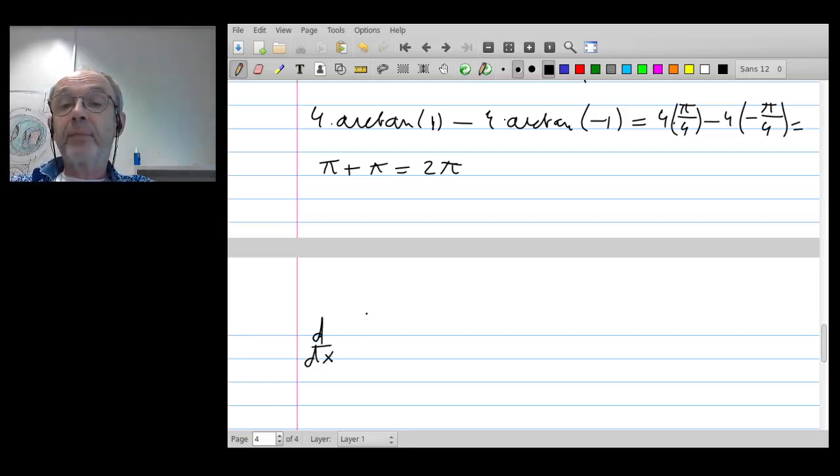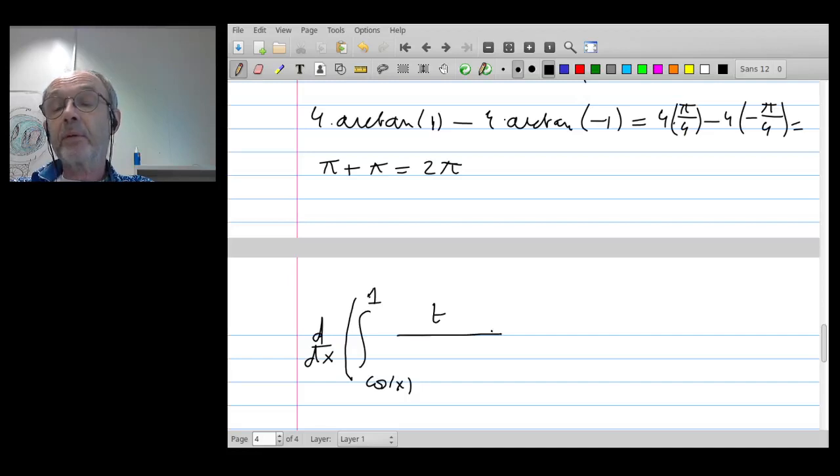Now, if this becomes your problem, so you have an integral, in the lower boundary you have the cosine of x, and then you have to integrate this one here, t divided by 1 plus the exponential power of t, and you have to differentiate this function here. Yeah, what can you do?